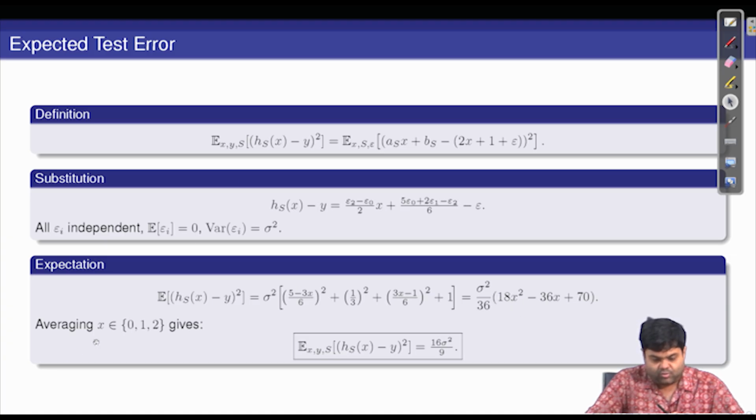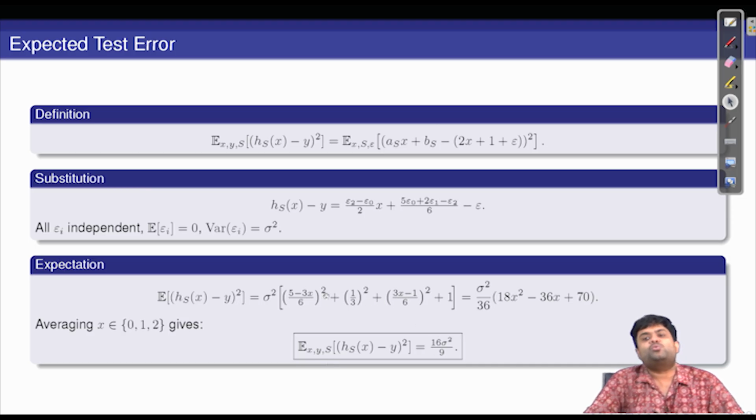These variances are 0 and this is sigma i squared. When you take the expected value of this square, you utilize this formula you derived earlier and it becomes this expression, and now you average over x's, you get the total error to be this.